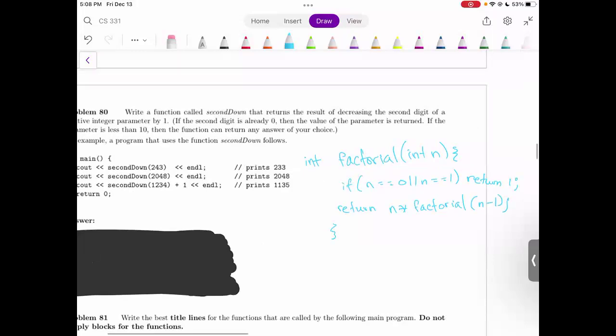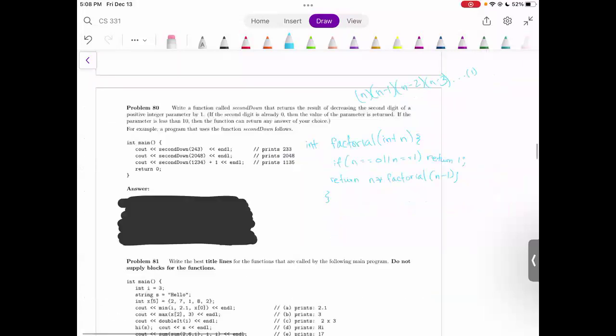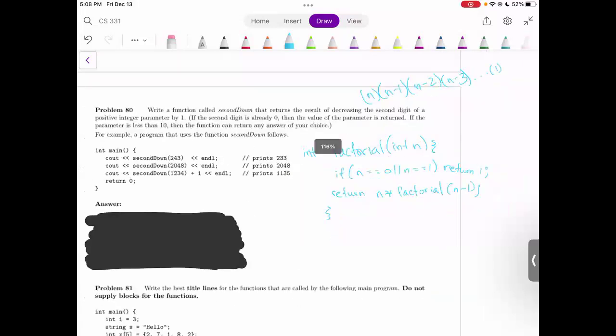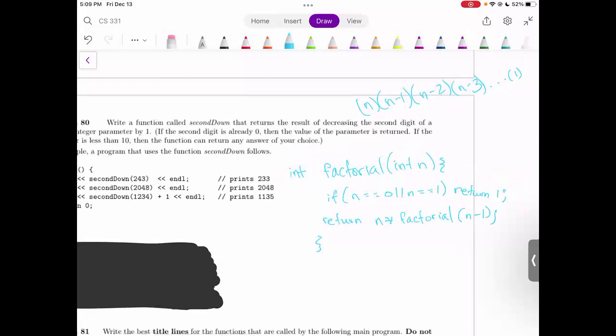And so that's essentially just how it is. You do n times n minus 1 times n minus 2 times n minus 3, dot, dot, dot, until you get to 1, really. And that's the mathematical way of doing it. This is the simplest version of recursion that we were taught in 111.